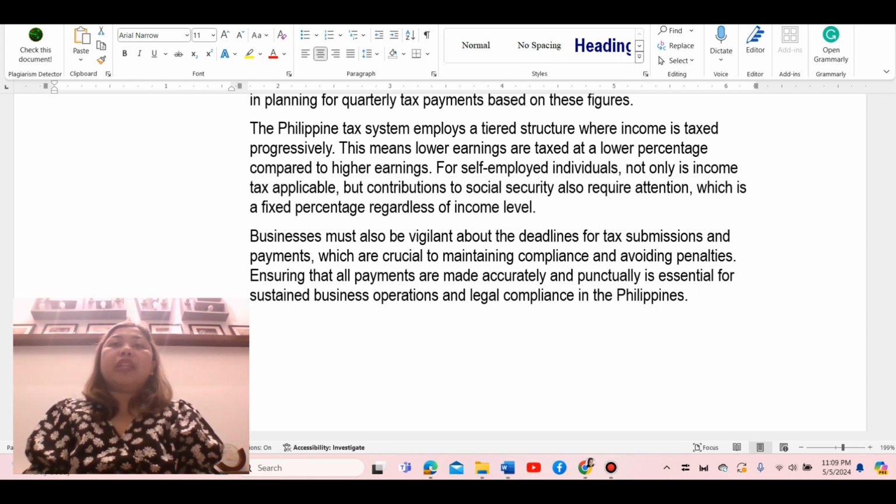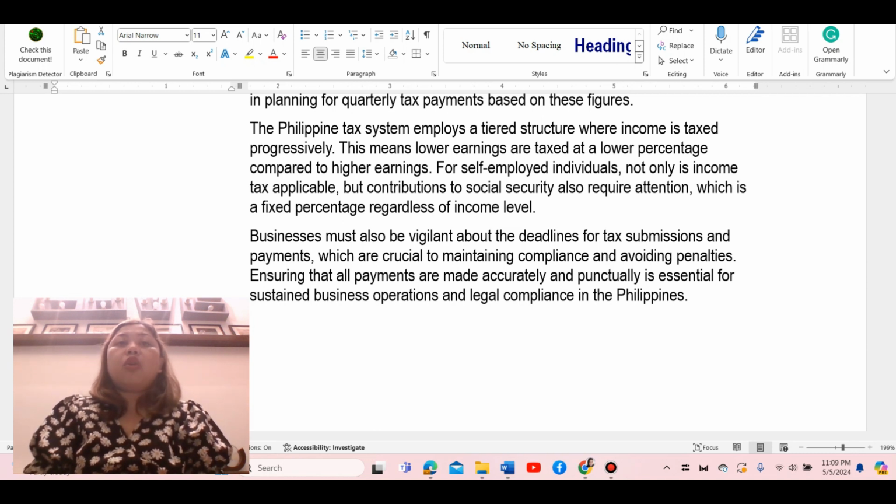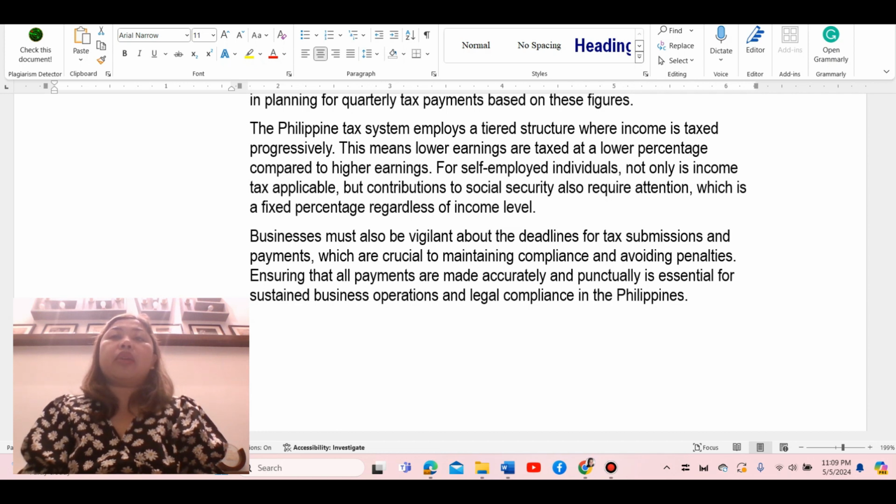For self-employed individuals, not only is income tax applicable, but contributions to Social Security also require attention, which is a fixed percentage regardless of income level.